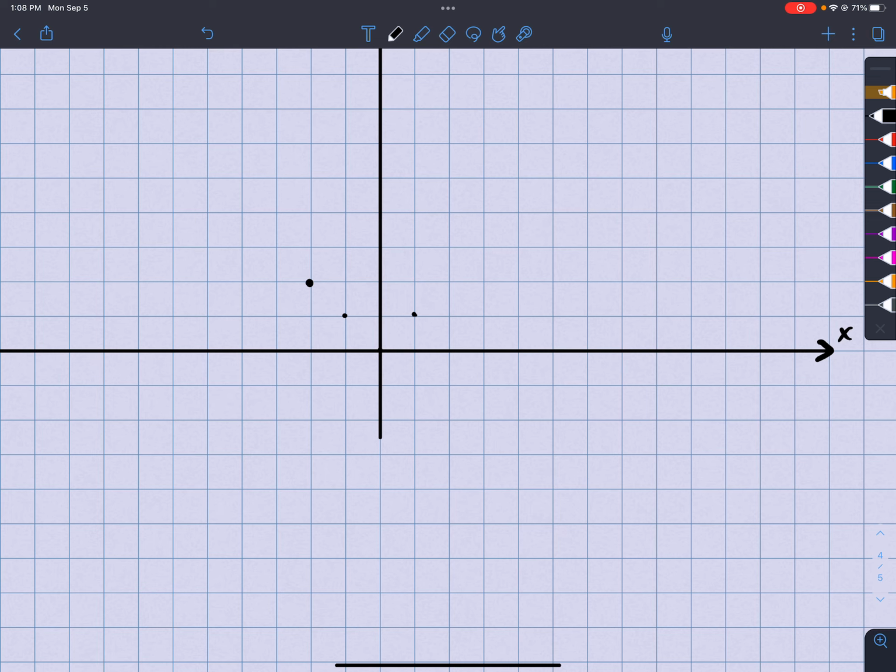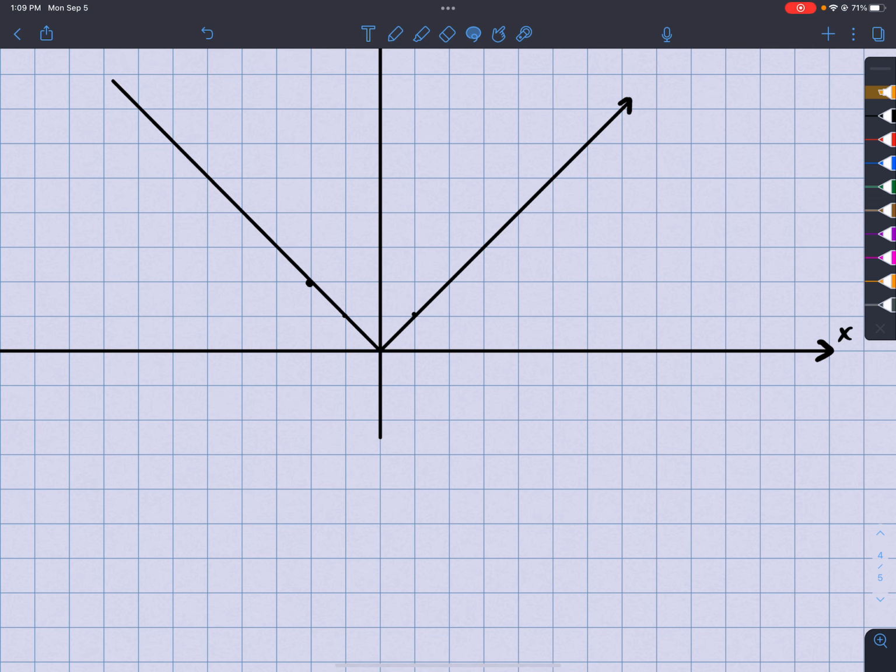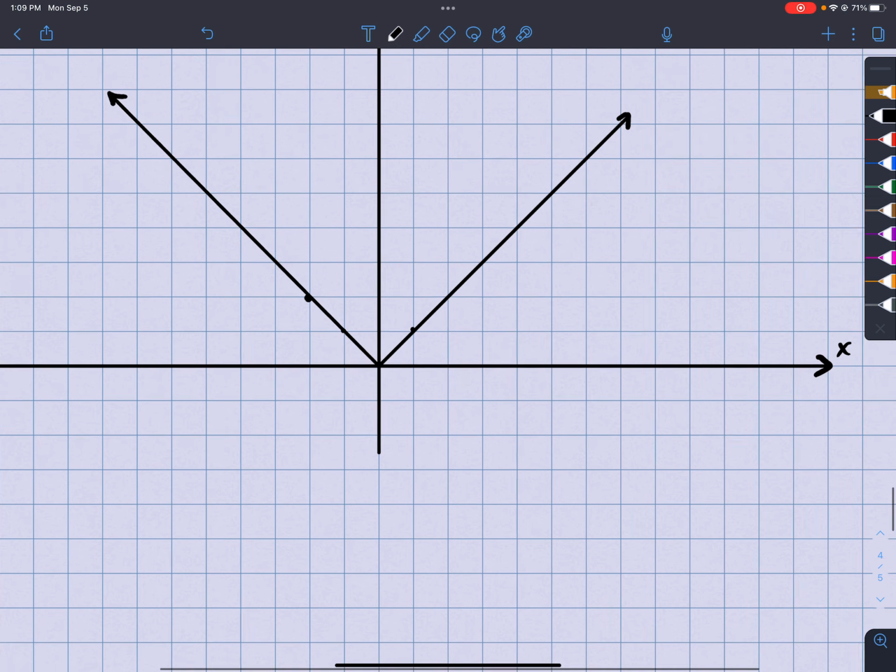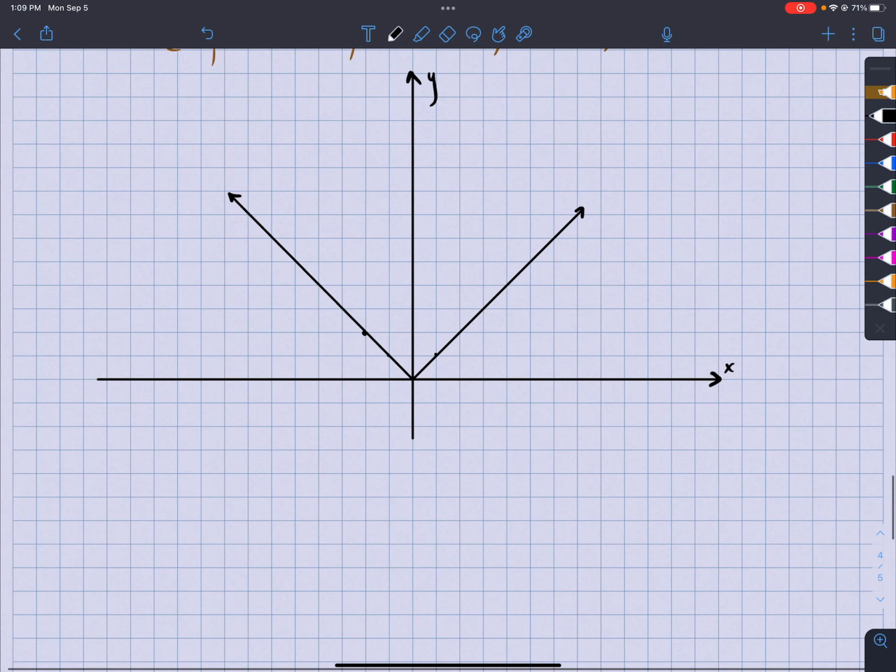So I had something like this, and something like this. That's what I'm supposed to have as my parent function.